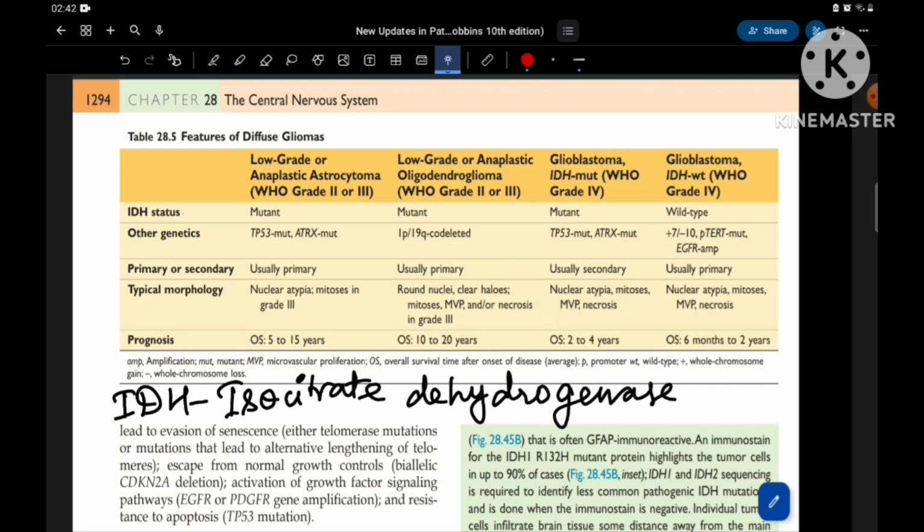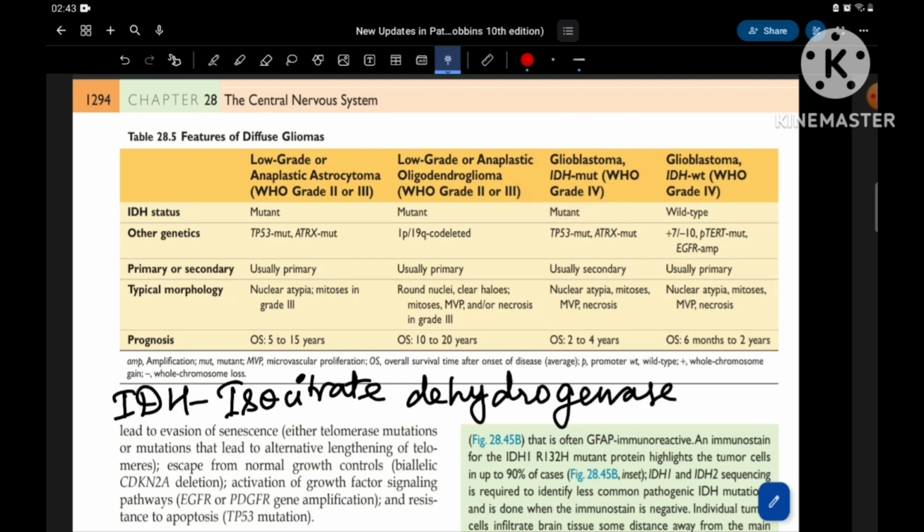So either we have missed the diagnosis early, we should not have missed it, or you are seeing this patient at a later stage, when it has developed into a GBM, a very dangerous subtype.